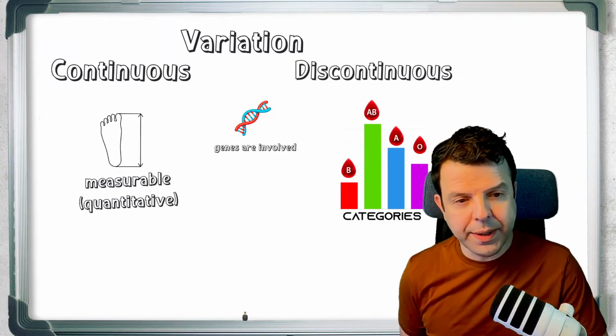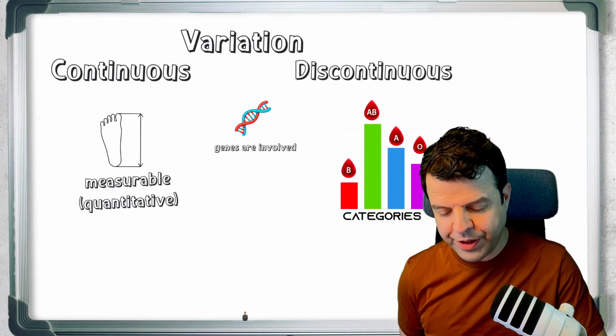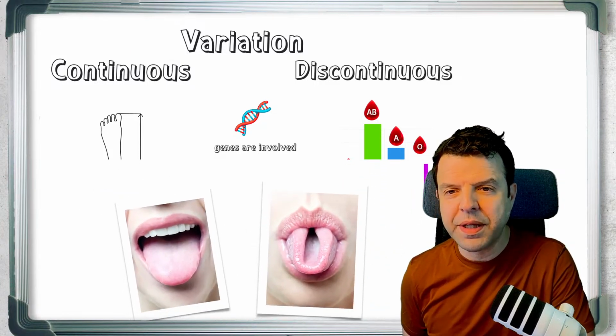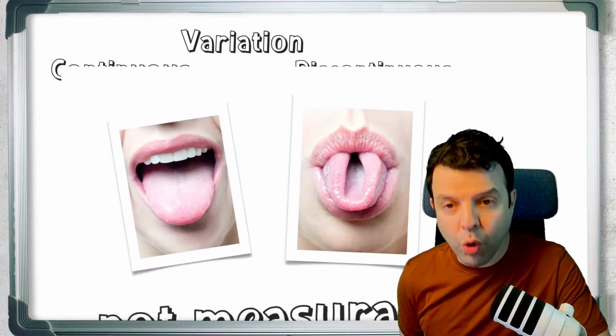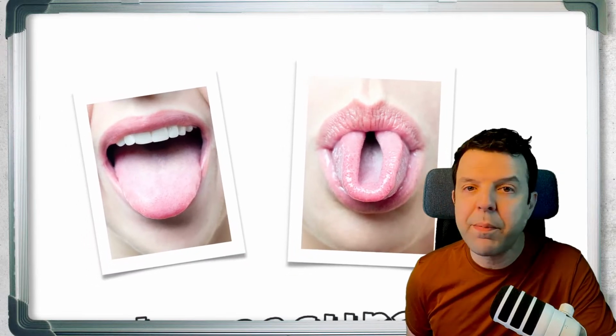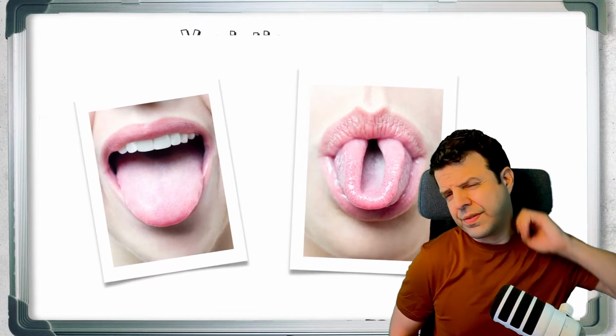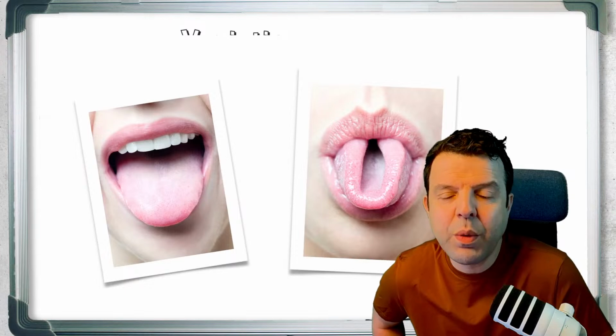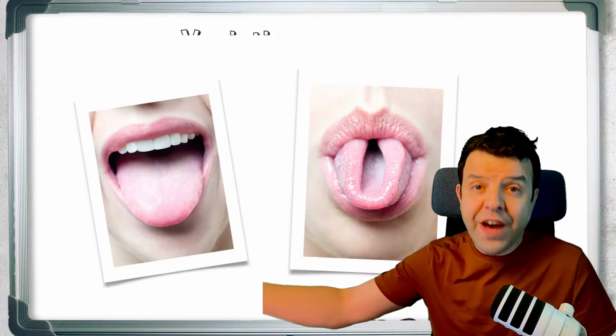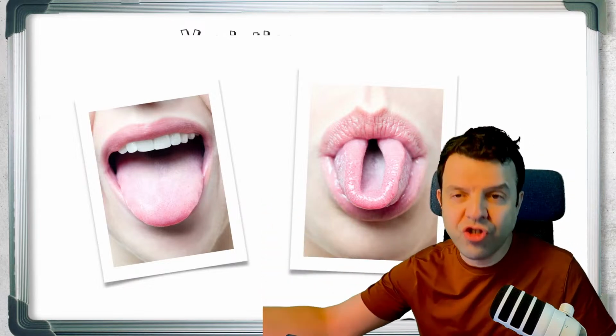One more time, think of tongue rolling, because some people can roll their tongue. Some people, no matter how much they try, they cannot roll their tongue. Someone here is asking me, what does it mean when I say influence? It means affected. The genes change that feature.